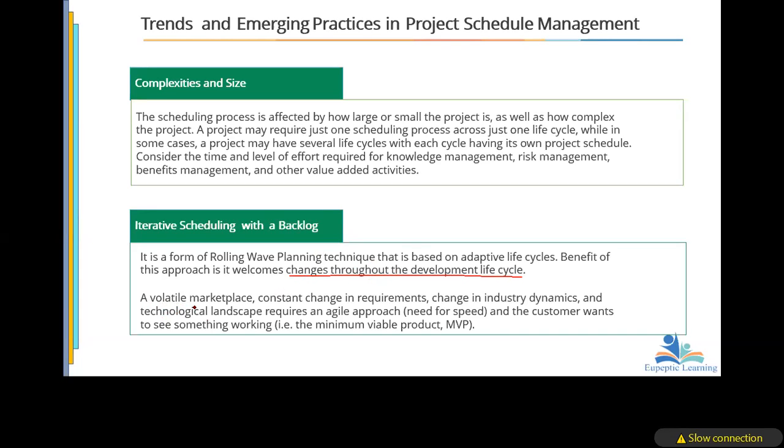Now, we're saying that a volatile marketplace, constant change in requirement, change in industry dynamics, and the technological landscape requires an agile approach. In other words, the need for speed. First to market is so important. If you don't get to the market at the right time, you can lose big time, and we see it around us.